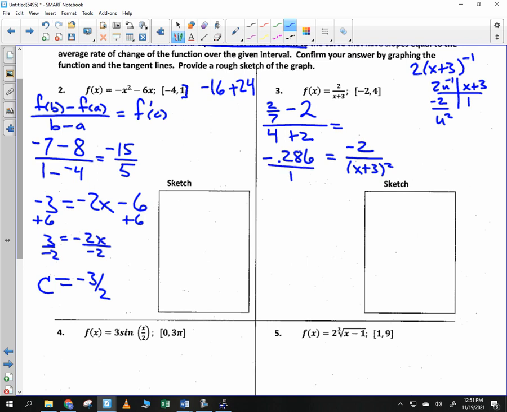Looks like a nasty equation, doesn't it? We have a fraction equal to a fraction. How do we solve that? You could use common denominators. There's another method: cross multiply. -2 times that is -2, equals -0.286 times x plus 3 quantity squared.